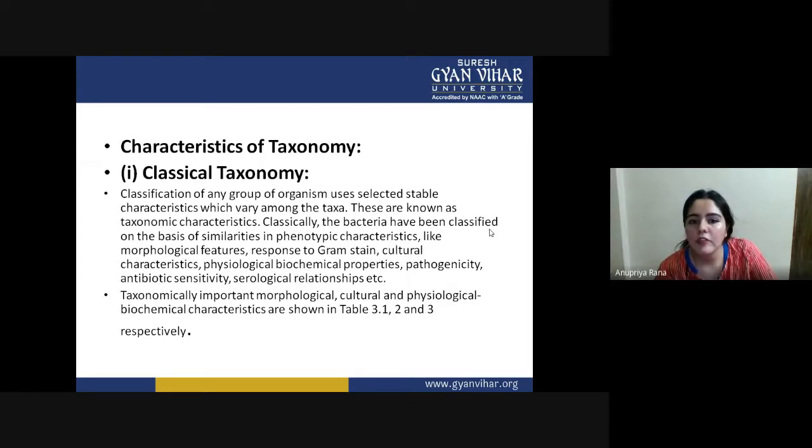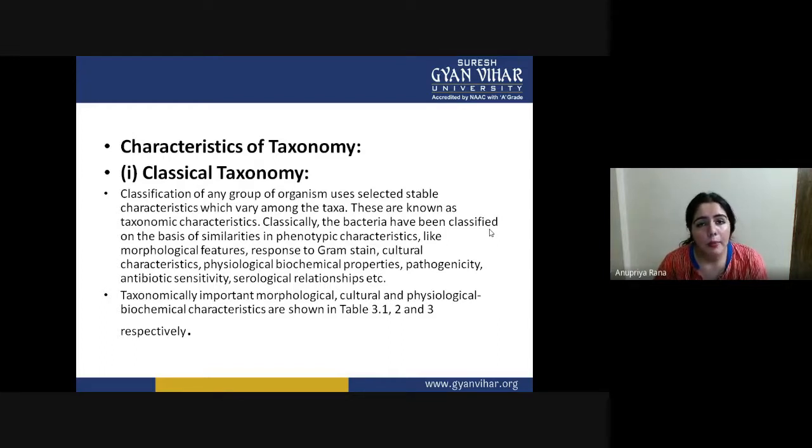If we are talking about just bacteria, these are the phenotypic characteristics, like Gram staining. On the basis of staining, we can classify bacteria into two groups, positive and negative. Cultural characteristics: some can be cultured, some cannot be, or some have a very specific kind of habitat to grow. Some can be extremophiles, so that basically depends on their survival nature.